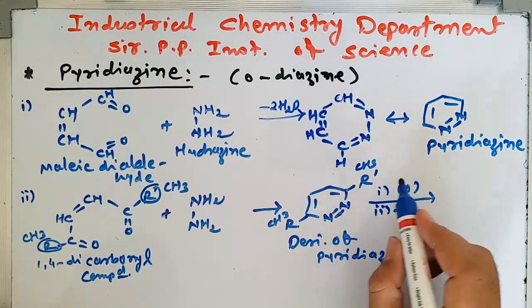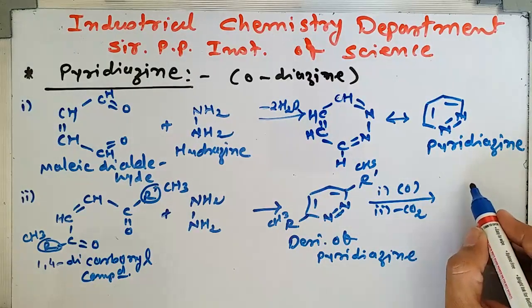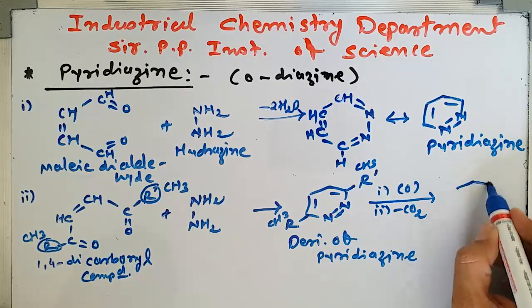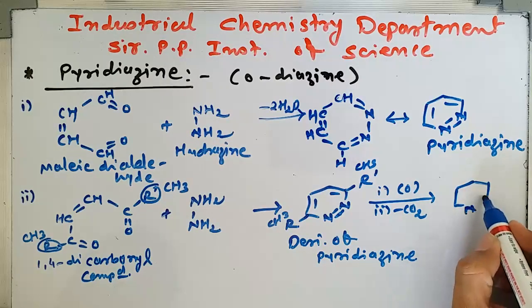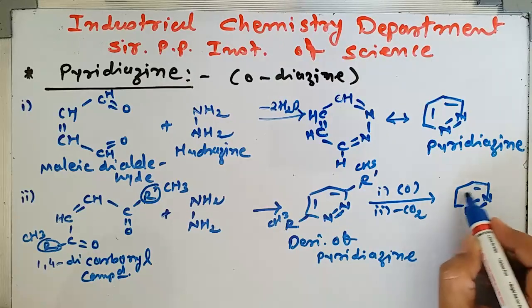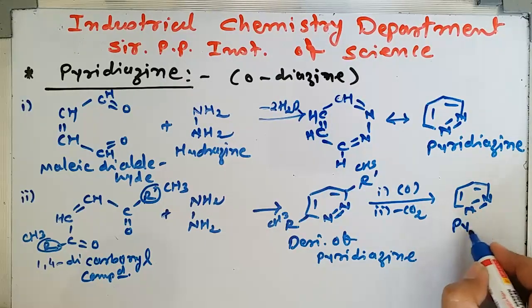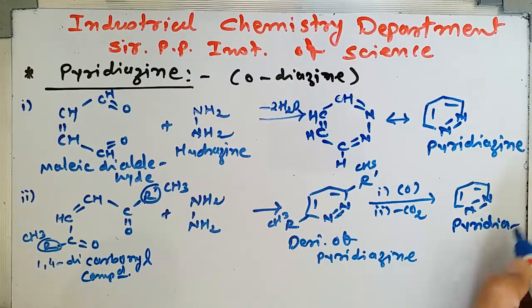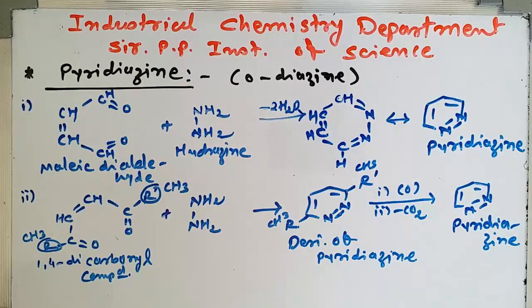So CH3 is converted into COOH and COOH is removed, and we get pyridazine. So these are very important syntheses of pyridazine.